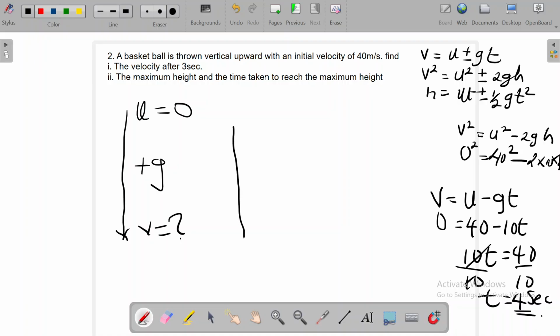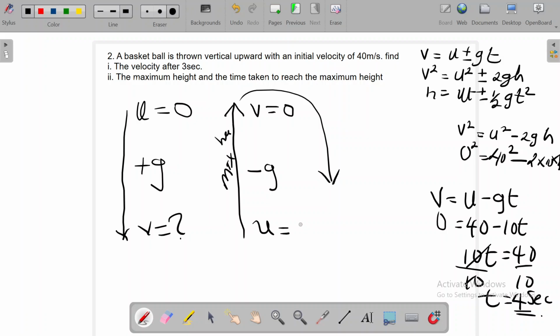And if the object is moving vertically upward, gravity should be taken as negative g. It needs to get to what we call max height before v becomes 0 and it returns back to the ground. And u in this case will be given for it to move upward.